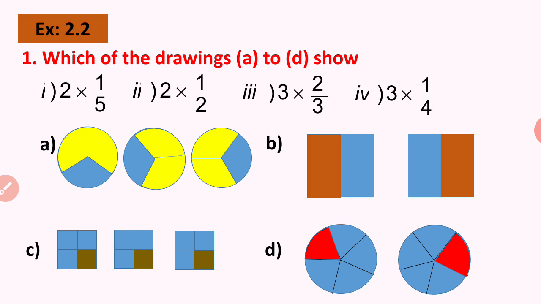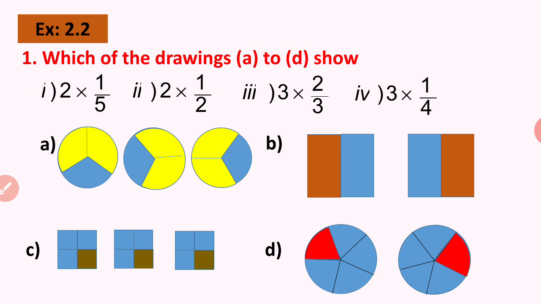Here you have various examples which are flashed on your screen and figures which are representing them. We have to match them. Now the very first one, the first sub question, is 2 multiplied by 1 by 5.